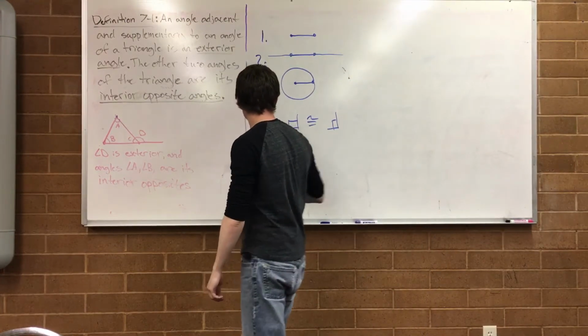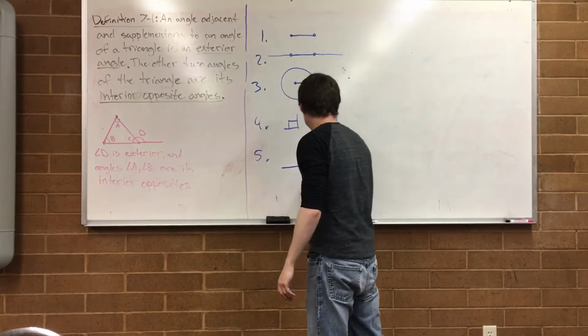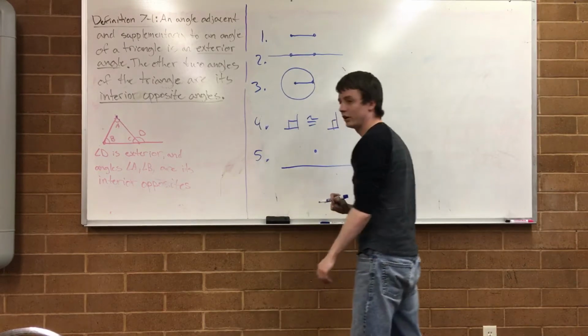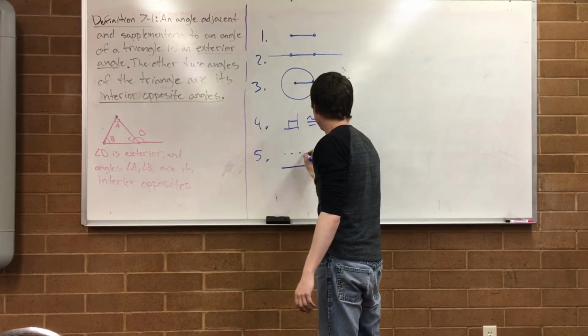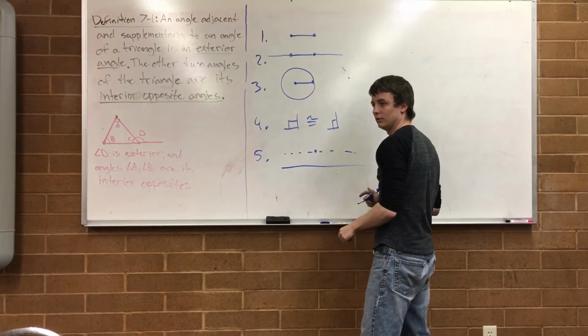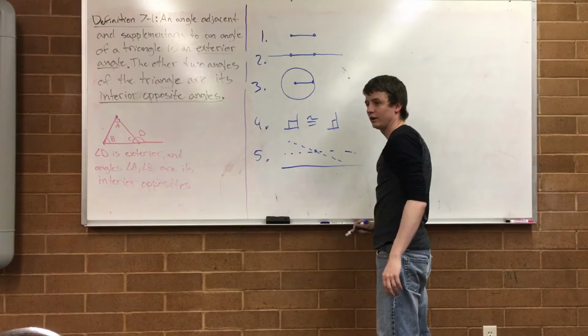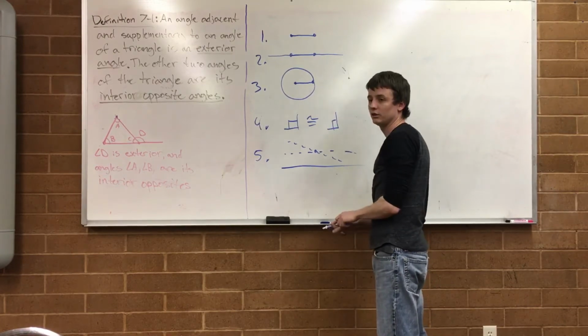And number 5, he said something logically equivalent to, if you have a line and a point not on the line, there's only one line you can draw through that point so that these 2 lines don't intersect. In other words, I can't draw another line, otherwise it will eventually intersect. These were Euclid's 5 postulates.